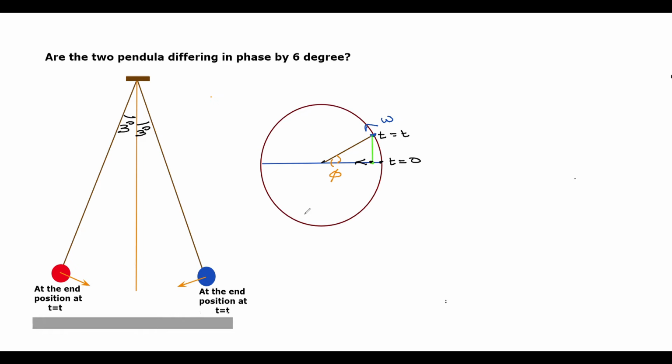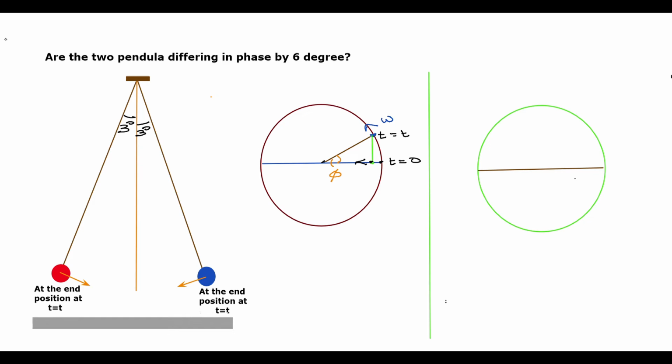Okay, now we'll find the phase difference for the given problem. We'll draw a circular model, and in that we'll consider the position of each of these two pendula.